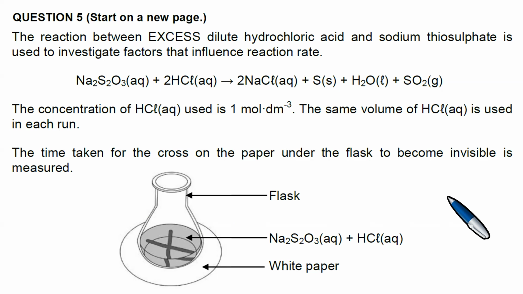If there's a flask in front of us, let's note thiosulphate. The reaction between excess dilute hydrochloric acid and sodium thiosulphate is used to investigate factors that influence reaction rate.